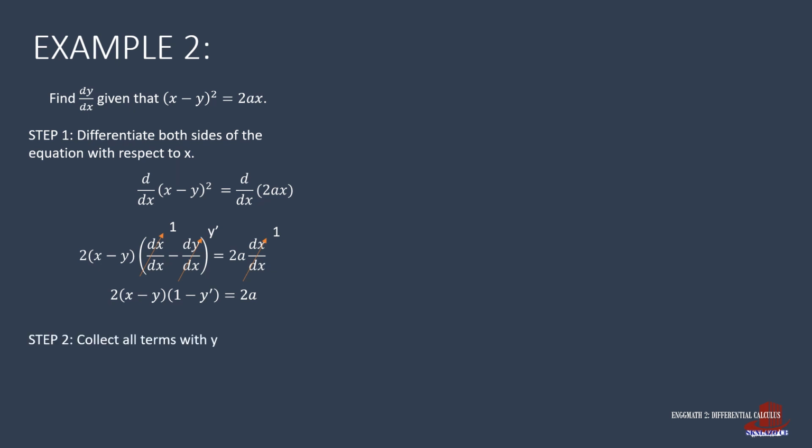Next is to isolate y prime, and because it is included in a quantity, the whole 1 minus y prime is placed in the left side, and the rest of the expression turned as denominator in the right end of the equation. We cancel out the 2's to have 1 minus y prime is equal to a all upon x minus y.